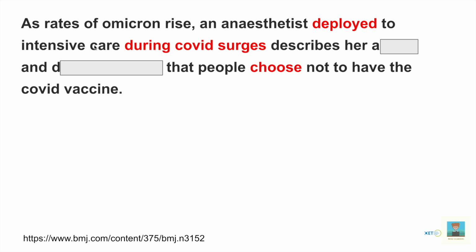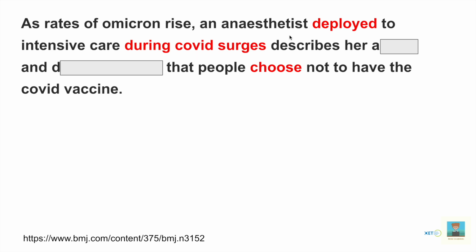What does that tell me? Well, deployed means sent, so sent away from her normal role. Normally she works as an anaesthetist, but she's been sent away from that role to work in an intensive care ward. So that already tells me something. There is a reason why she's been sent away. What is it? That's the COVID surges.